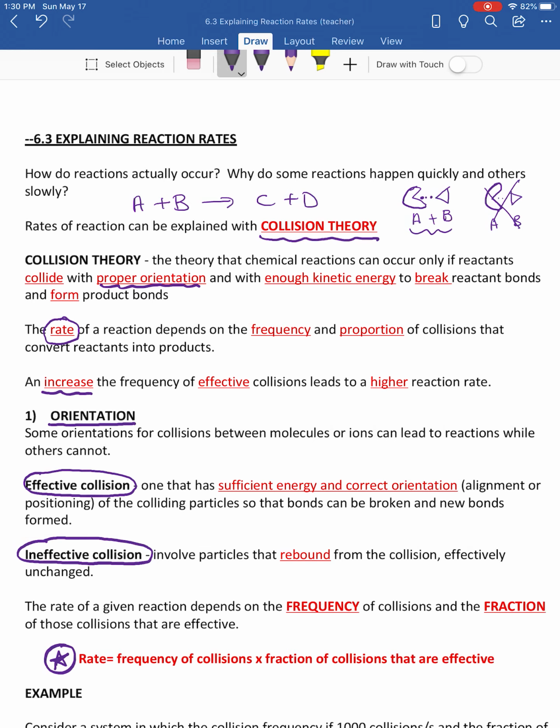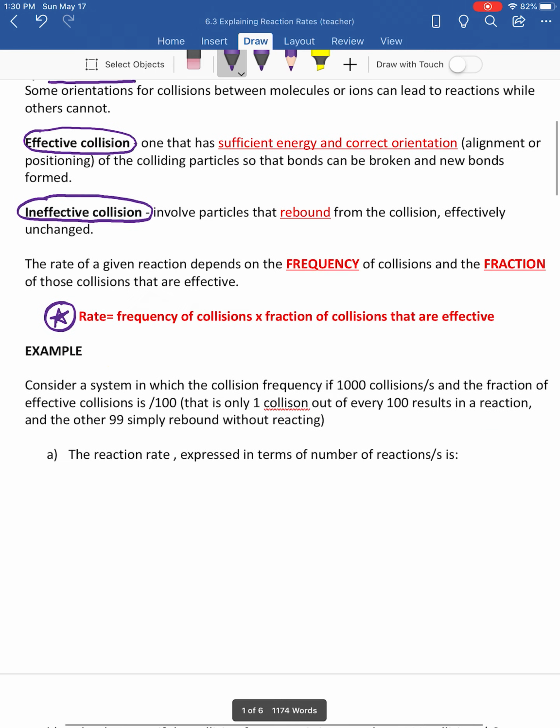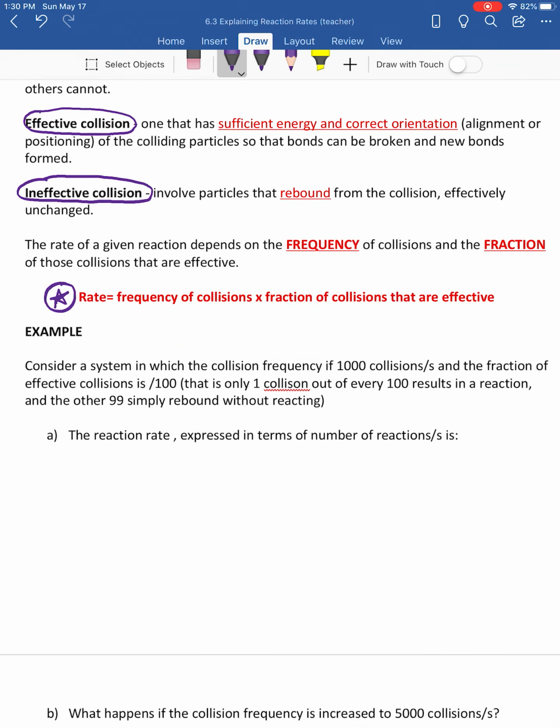All right, so let's look at some mathematics, shall we? Consider a system where the collision frequency is 1,000 collisions per second and the fraction of effective collisions is 1 out of 100. That's a 1. The other 99 rebound. No reaction happens, so we will call those ineffective collisions.